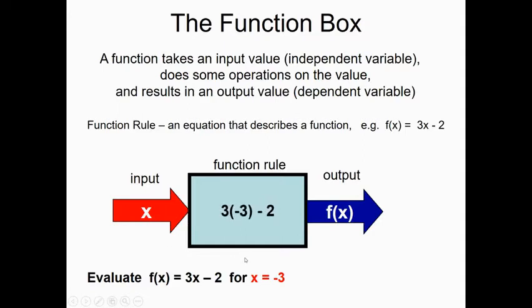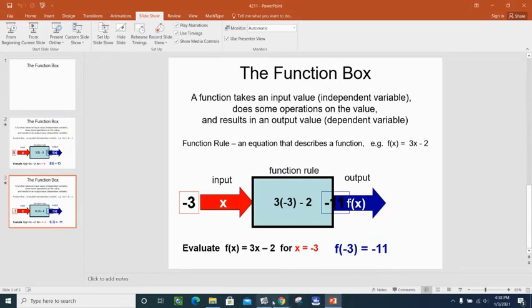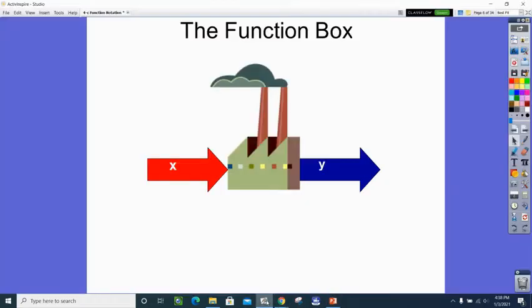It takes the place of that x. 3 times -3 is -9, and -9 minus 2 is -11. So the function of -3 is -11. For an input of -3, I get an output of -11. So that's kind of what's going on with what we call our function box.